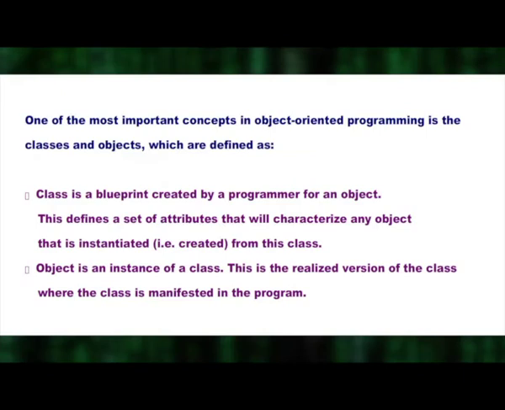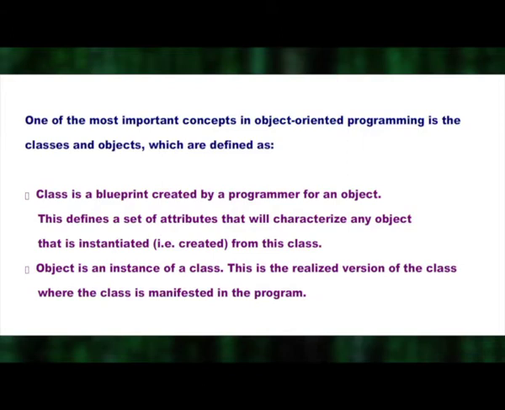One of the most important concepts in object oriented programming is classes and objects, which are defined as follows. A class is a blueprint created by a programmer for an object. This defines a set of attributes that will characterize any object that is instantiated, that is, created from this class. An object is an instance of a class.